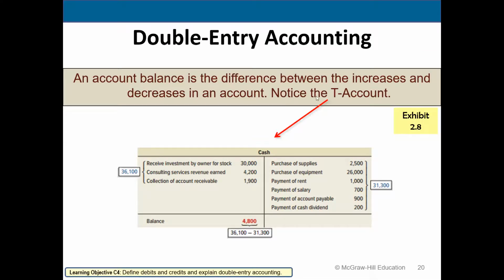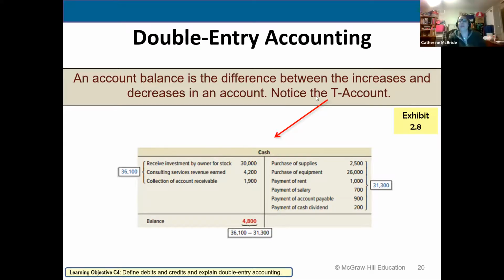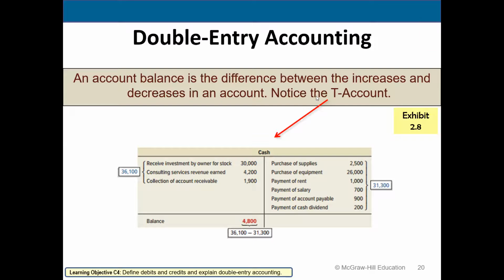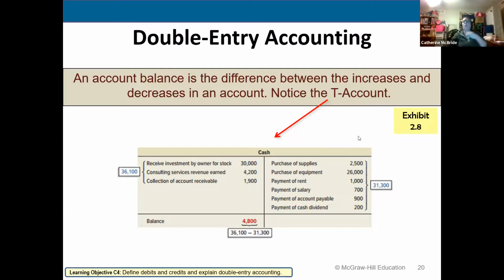One number, two numbers? No. What if I said, how much money is in your bank account? How many numbers am I looking for? What's the answer? How many numbers is in the answer?